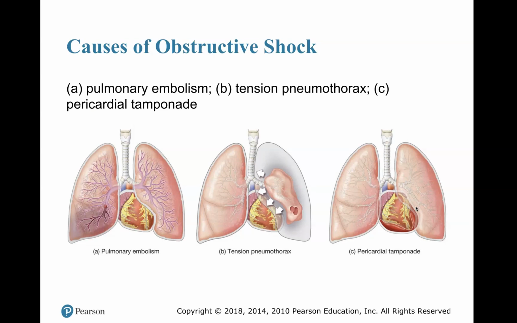A, you have pulmonary embolism, where the arteries of the lungs are blocked, blocking the blood flow to the lungs. Then you have a tension pneumothorax, where the air in the thoracic cavity is pushing over on the lungs and the heart. Then pericardial tamponade, where there's fluid built up in the pericardial sac.